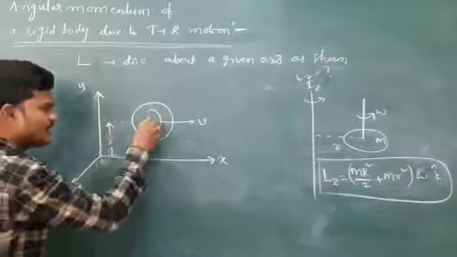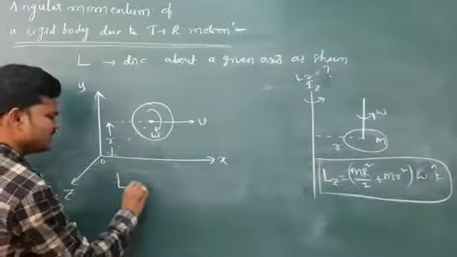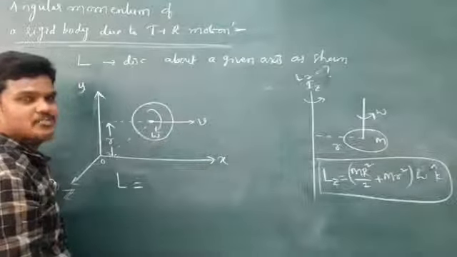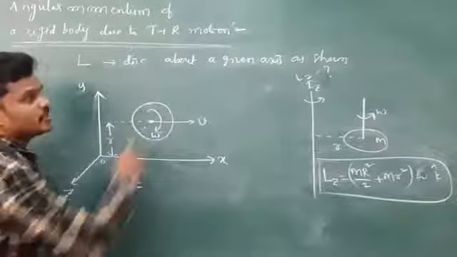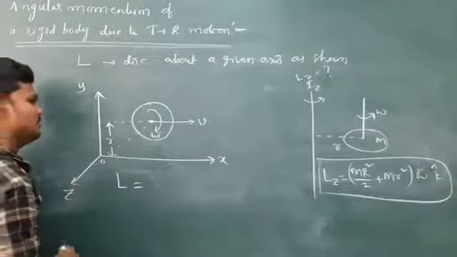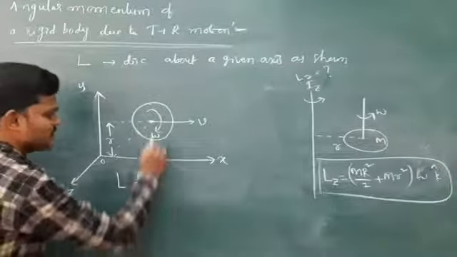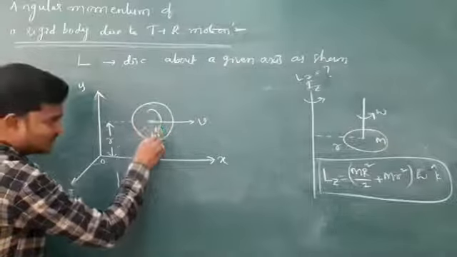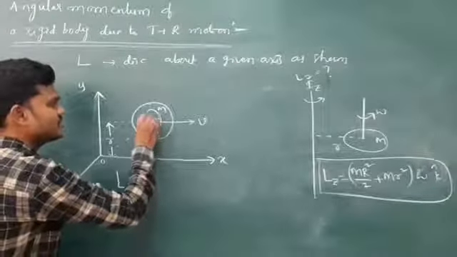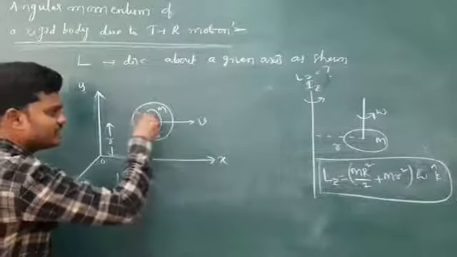Then the angular momentum about the z-axis is L equals, due to translatory motion it will have one angular momentum, due to rotation it will have one angular momentum. Here translatory and rotatory both will be there. So due to the angular speed, this is the disk whose mass is m, radius is r and it is rotating about this axis.